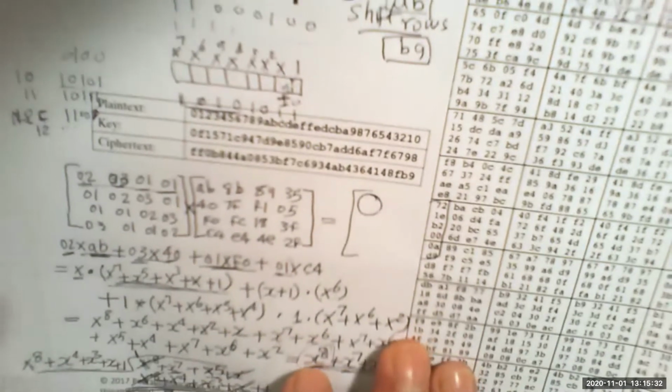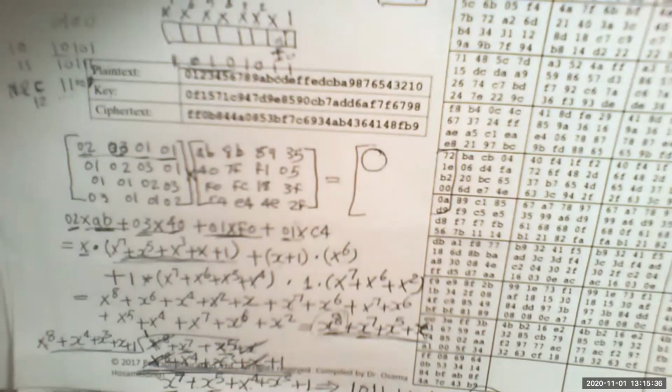Okay? This is a long journey. If you miss any simple operation in the multiplication, this will lead to a completely wrong answer. For example, if you forget x6 and put x5, just a small change, this is not going to give you the exact result.